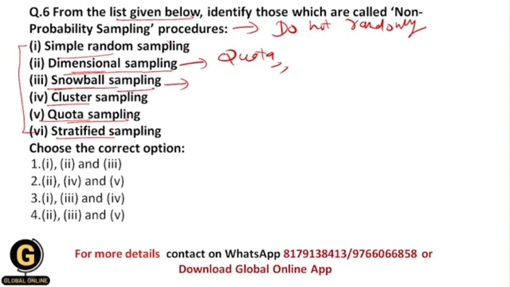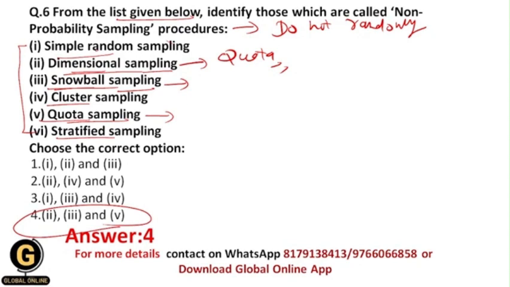So this is called snowball sampling. And in quota sampling, a researcher wants specific people who have specific characteristics, and that's why these three are the non-probability sampling procedures. But simple random sampling, cluster sampling and stratified sampling are the probability sampling procedures, and that's why your correct answer should be 4, that is 2, 3 and 5.